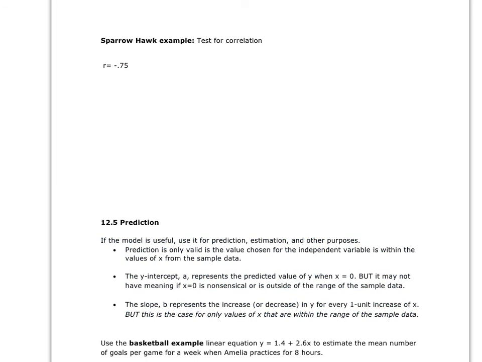We have another example from last time about the sparrowhawk population in 13 different colonies. We looked at the independent variable, which was the percent that were returning sparrowhawks, and the dependent variable, which was the percent of the new sparrowhawks coming to the colony. And we came up with an R value of negative 0.75, and the sample size was 13.